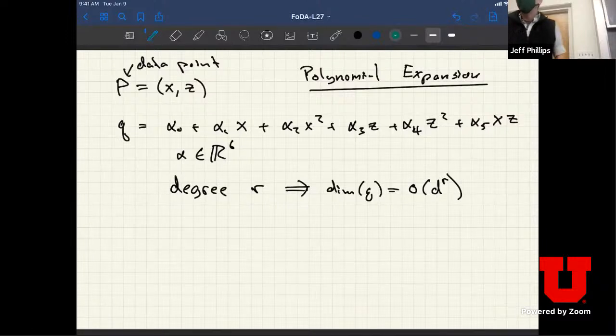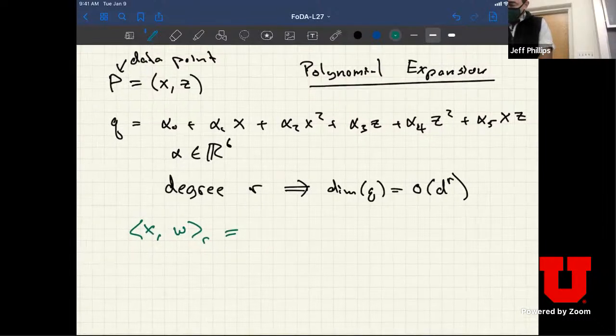Then the generalization inner product between some x and W, let's say for r equal to 2, I do this expansion of 1, x, z, x squared, z squared, x z.